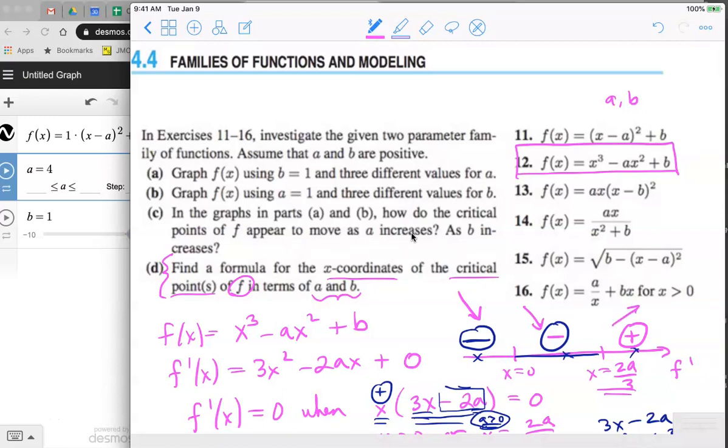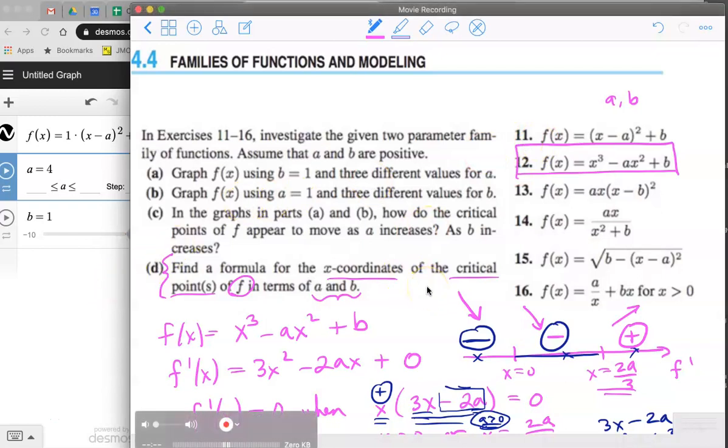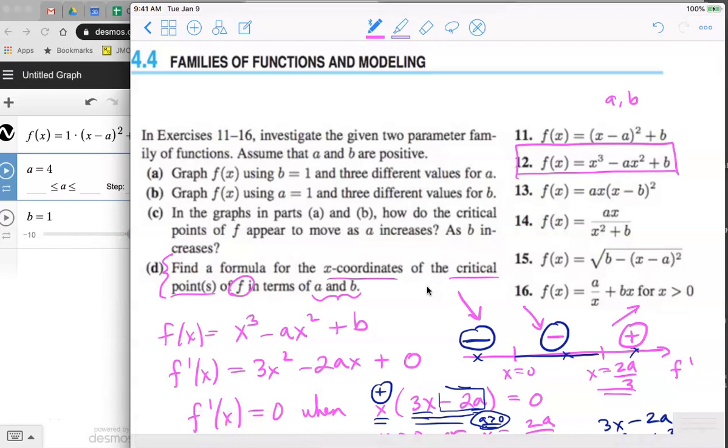Let's see if this makes sense in terms of our function, and we can see that we should have a local minimum at x equal to 2a over 3. And nothing will happen at x equal to 0.